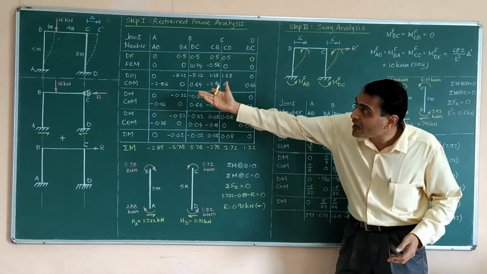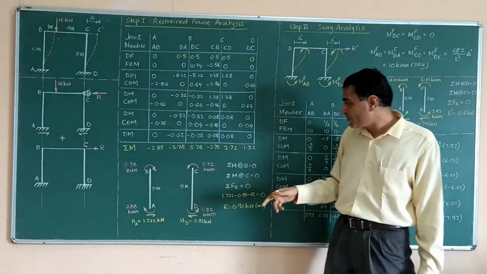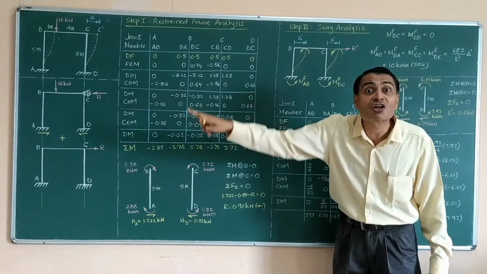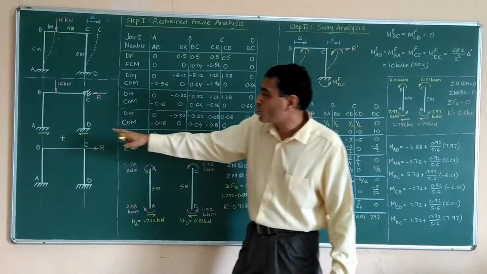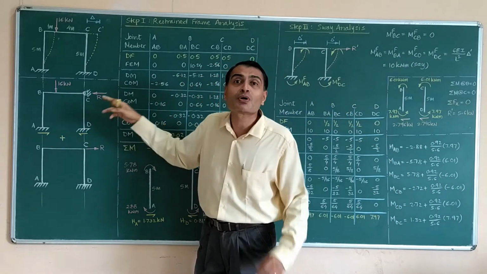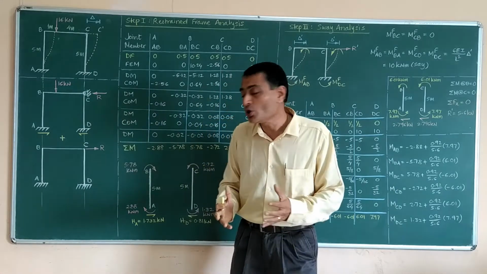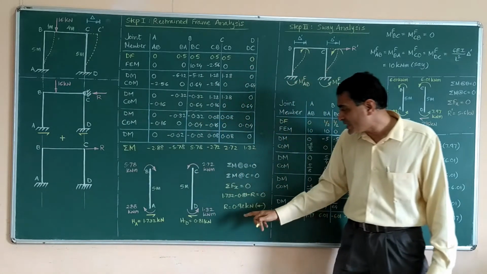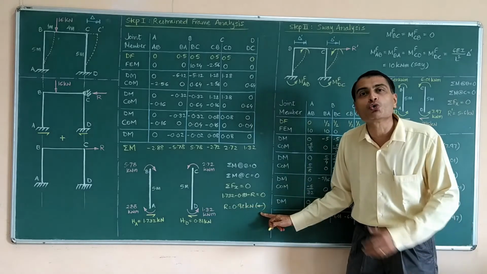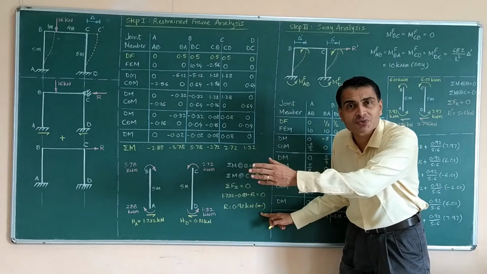So I want to find R. How will I find R? Simply by expressing sigma Fx equal to 0 for the entire frame. So rightwards plus leftwards should be equal to 0. That readily gives me R equal to 0.92 kilonewtons leftwards.